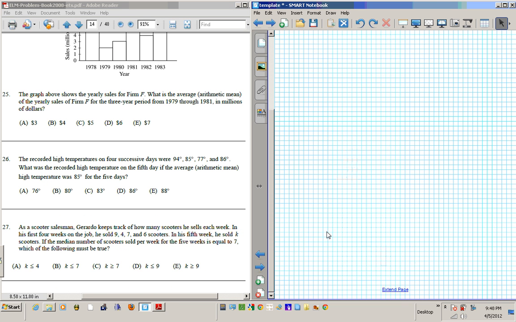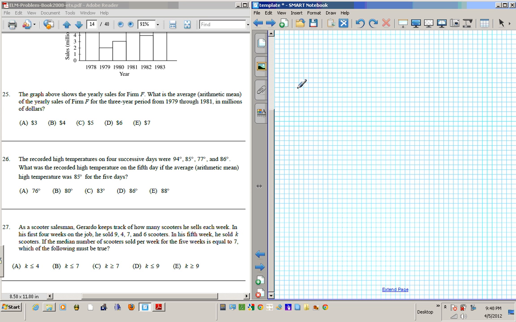The recorded high temperatures on 4 successive days were 94, 85, 77, and 86. What was the recorded high temperature on the 5th day if the average temperature was 85 degrees for the 5 days? So basically, remember what the mean is? Sum of elements divided by number of elements.